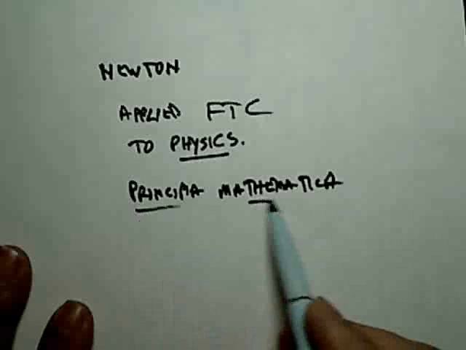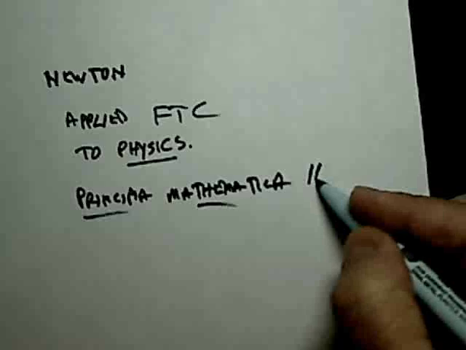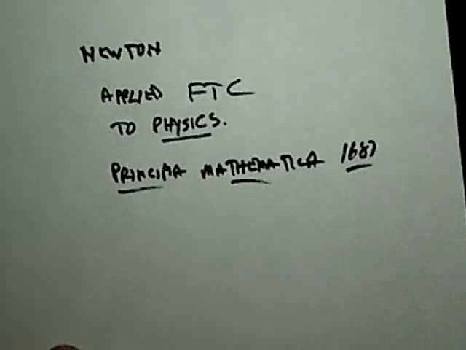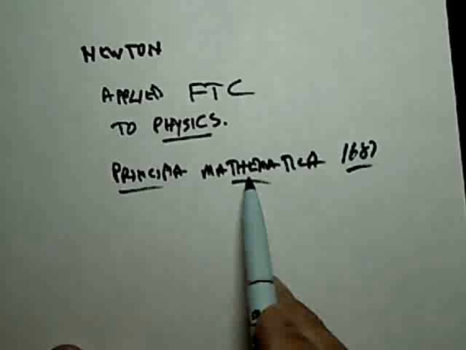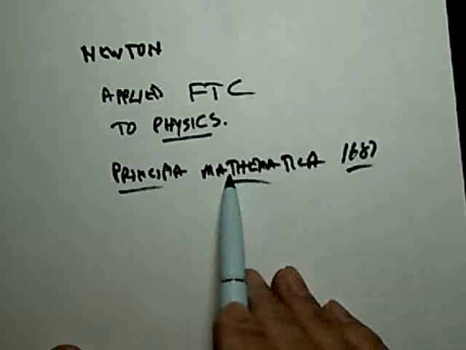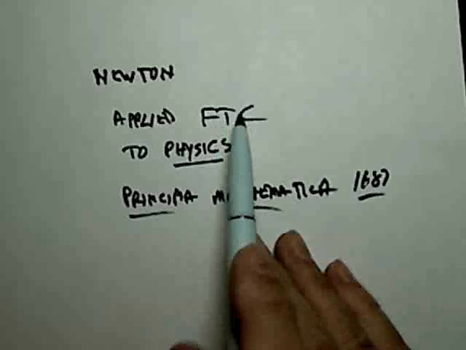This was published in, I want to say, 1687. I think that was the publication date of the original one. By the way, if you buy this book and read it, you will not see any calculus in it. It all looks like geometry. He did his actual proofs with geometry, but he made his discoveries using calculus.